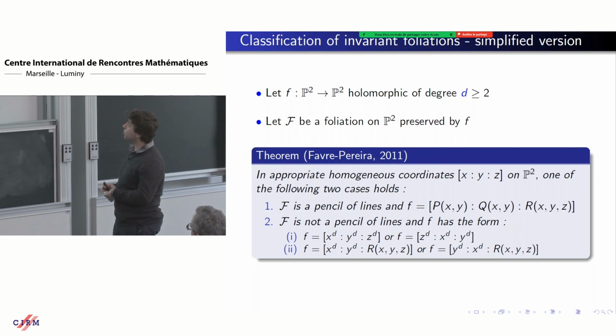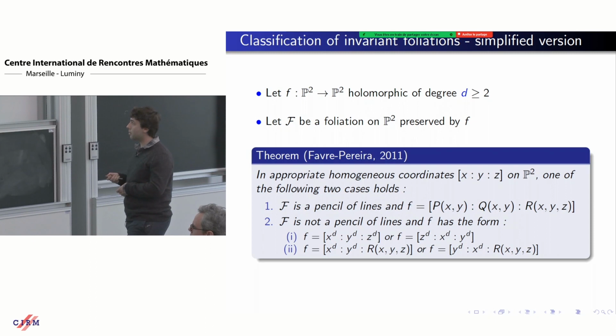I give you just a simplified version of the classification because I do not need something too complicated. Morally, what I want is this alternative. If you take an invariant foliation, it could be a pencil of lines, of course.